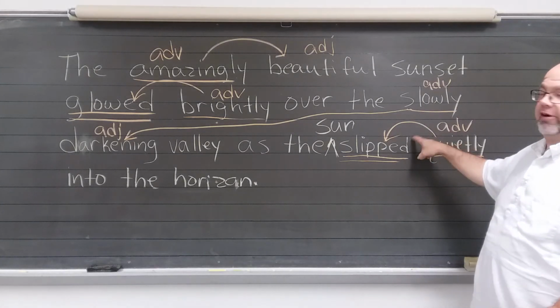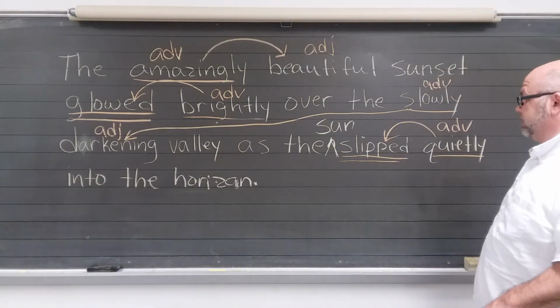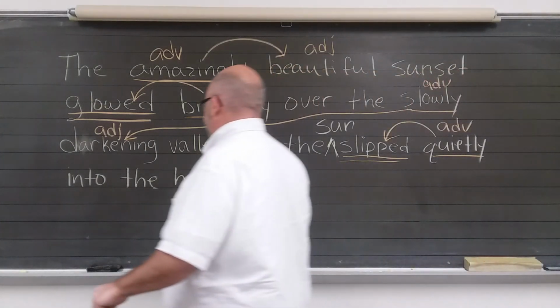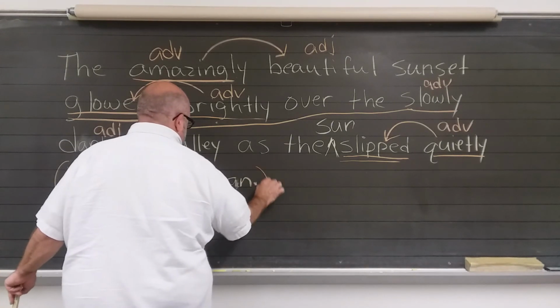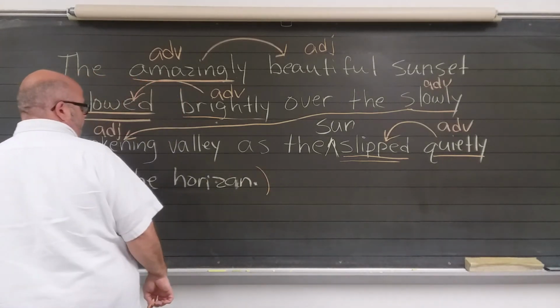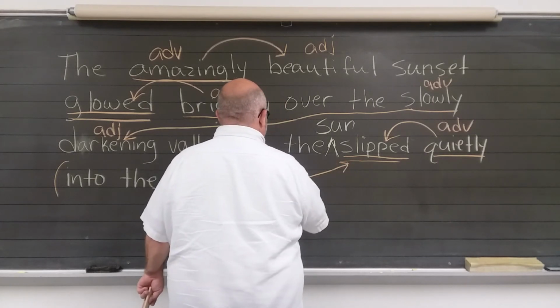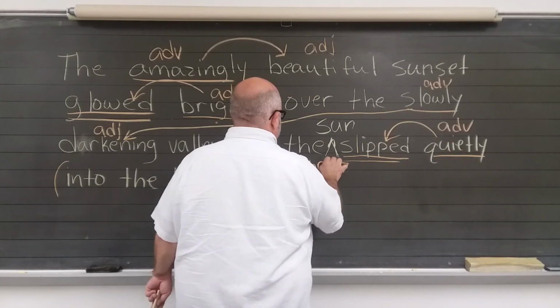You could have put very quietly, then you would have an adverb modifying an adverb. I was going to put something like that in there, I forgot. Into the horizon. We're not talking about adverb phrases yet, but into the horizon would be an adverb phrase saying where it slipped, right? Adverb phrase.